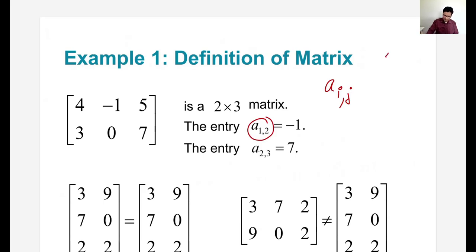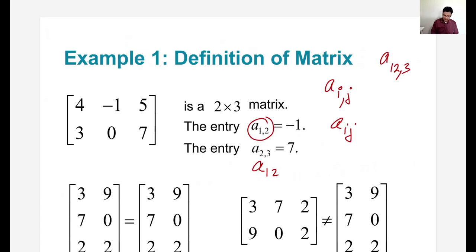If I say A, 1, 2, 3, it will be difficult to understand. So you might want to distinguish them by putting a comma. So it's the 12th row and third column. But for small numbers, sometimes we just skip the comma when it is clear in the context. In this example, if we simply wrote 1, 2, it would not be a confusion.